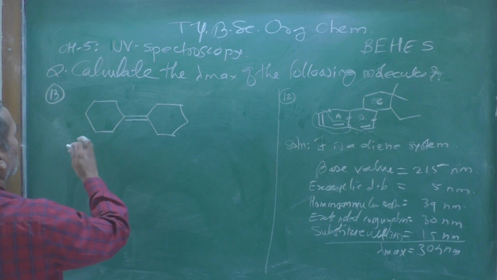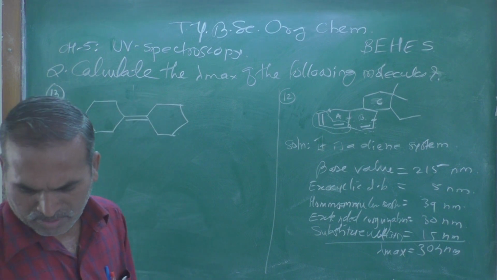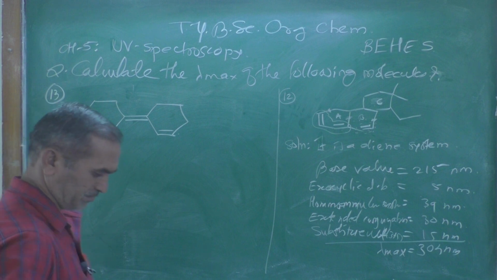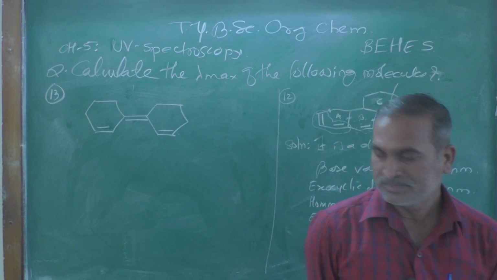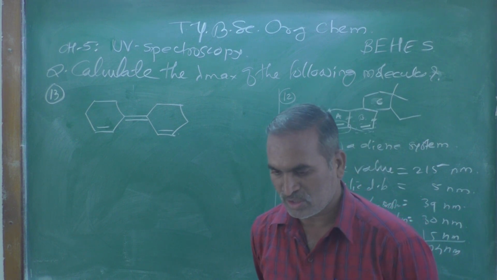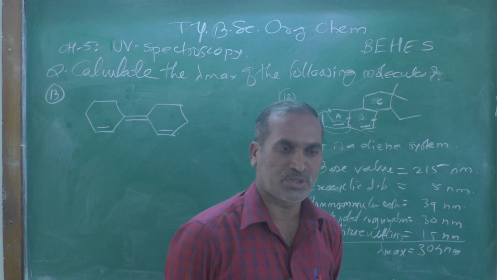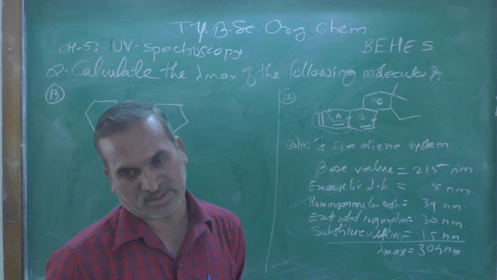I am putting a double bond here, and one double bond here, and one double bond here. Observe the structure carefully which is written on the blackboard and try to calculate the lambda max of it.